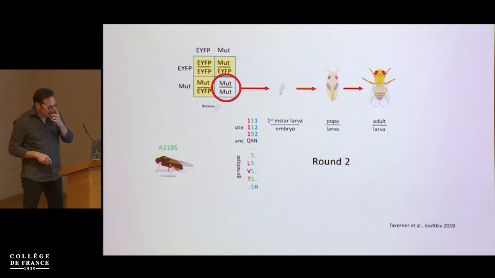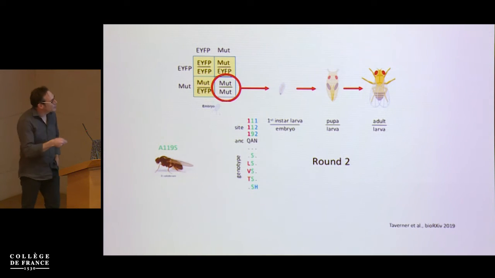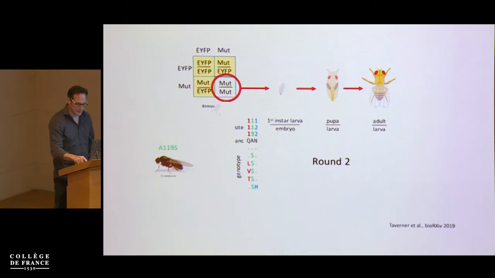And so to test the idea that A119S, which is the substitution subobscura has at that site, is a permissive substitution, we engineered a second series of mutants: A119S alone, and in combination with some of the common substitutions at positions 111 and 122.